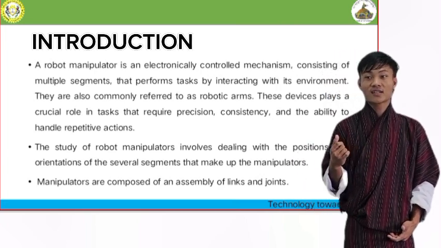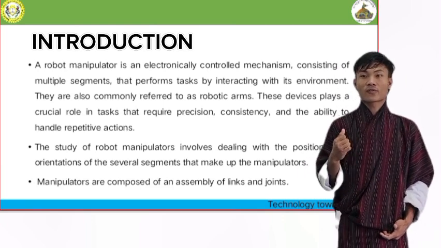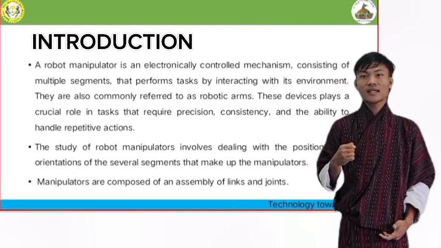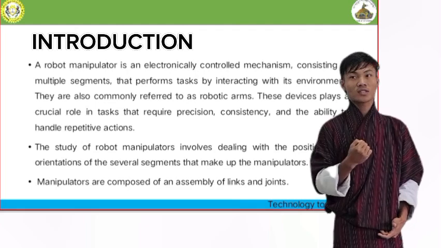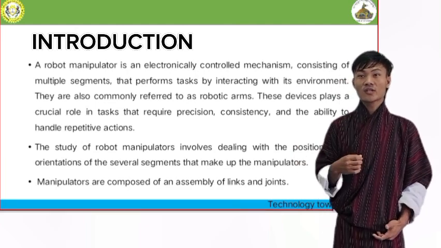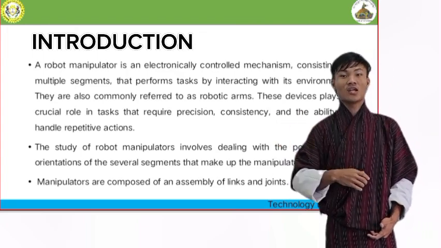That shows the handling of repetitive action. So the study of robot manipulators involves dealing with the positions and orientations of the several segments that make up the manipulator. That means that studying this manipulator means looking at how each segment moves and positions itself.